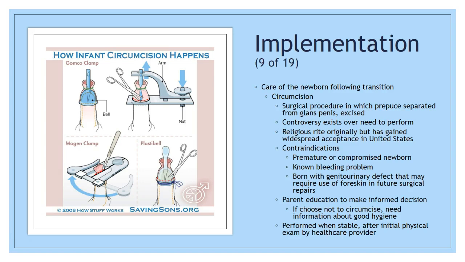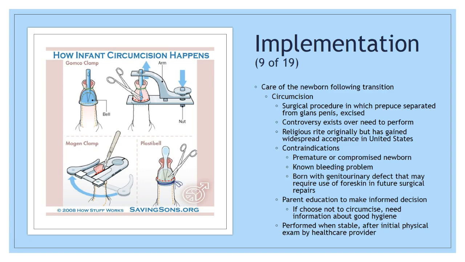But circumcision is a surgical procedure which will remove the foreskin from the glans of the penis. And there is a lot of controversy over whether or not we need to perform that, but it's a very westernized thing to do.